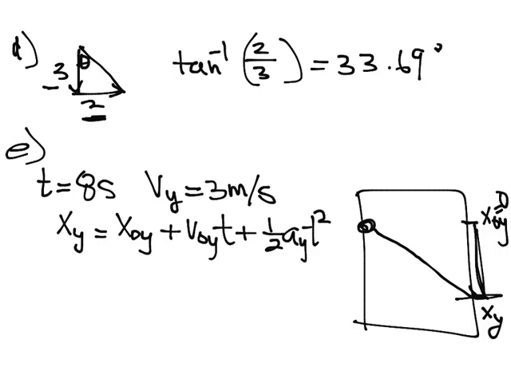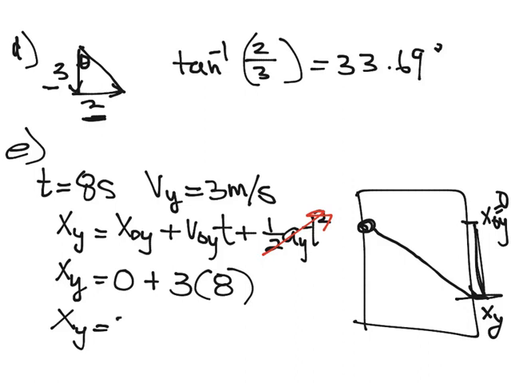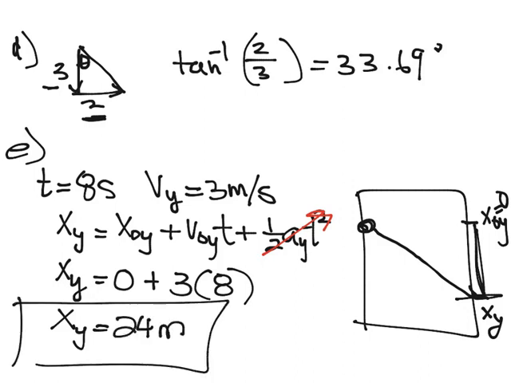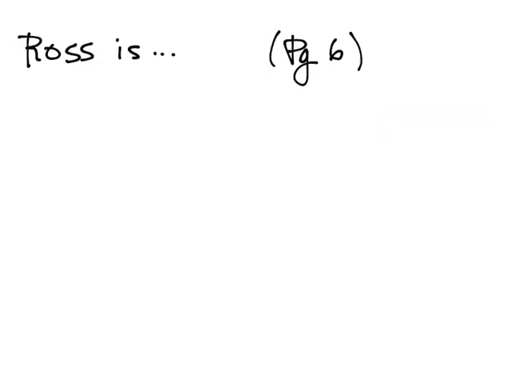There's no acceleration in this problem. I have xy is what I'm looking for, so I'm going to leave that as a variable. x naught y is 0, plus 3 times 8, and I end up with xy is equal to 24 meters. And you can actually go ahead and test that out on the simulation.